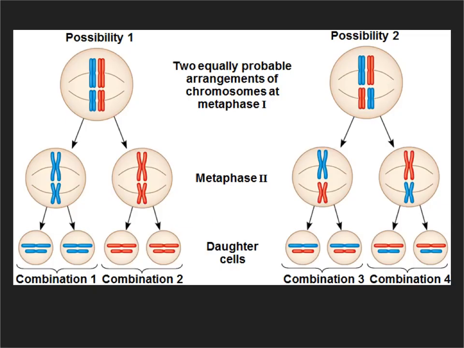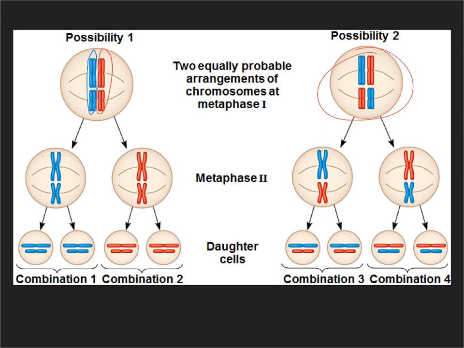Okay, so here's a much cleaner drawing of what I did, right? If we say maternals are mom and paternals are dad, these are red, depending how they line up, they could go either this way or this way, right? And we're going to get different genetic combinations in the offspring.